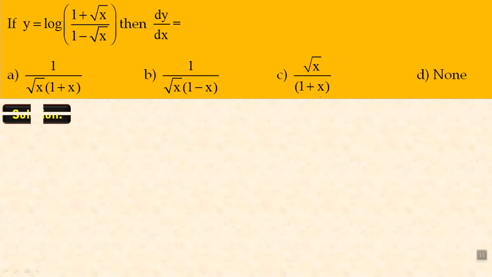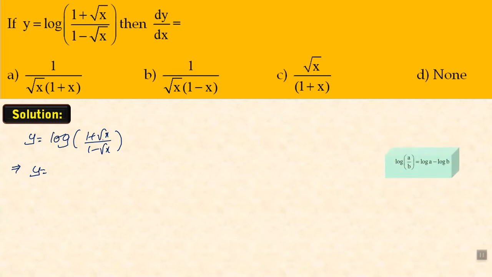Let us find this. Given y is equals to log of 1 plus root x divided by 1 minus root x. This implies y is equals to, it is in the form of log of a by b. We know that log of a by b is equals to log a, that is log of 1 plus root x minus log b, that is log of 1 minus root x.